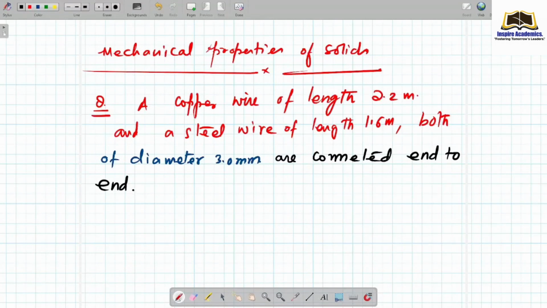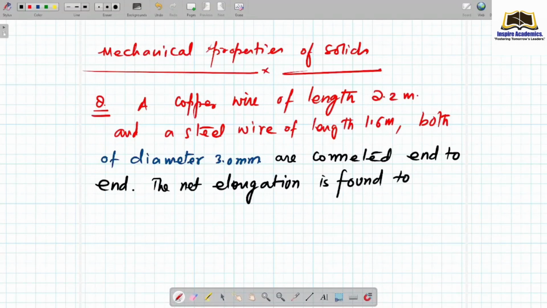The net elongation is found to be 0.70 mm. Obtain the load applied.